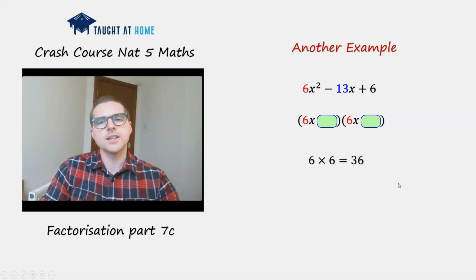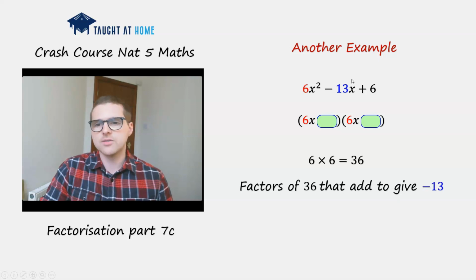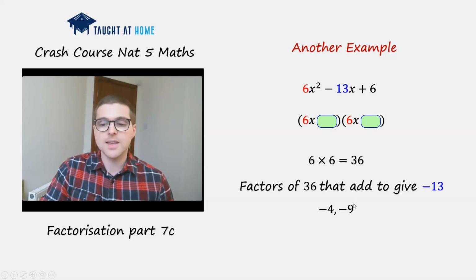Now we want factors of 36 that add up to give minus 13. With a bit of thinking, you'll notice that it's minus 4 and minus 9. Minus 4 times minus 9 is 36. Minus 4 plus minus 9 is minus 13. So we can go ahead and put minus 4 and minus 9 there.